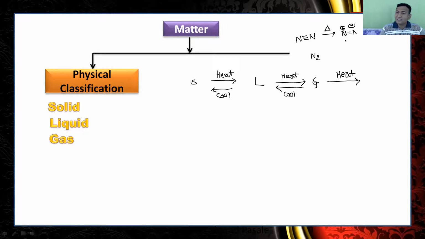So there is ionization. Then due to the ionization of the gas, you will find another phase, and its name is plasma, which is the fourth state of matter.